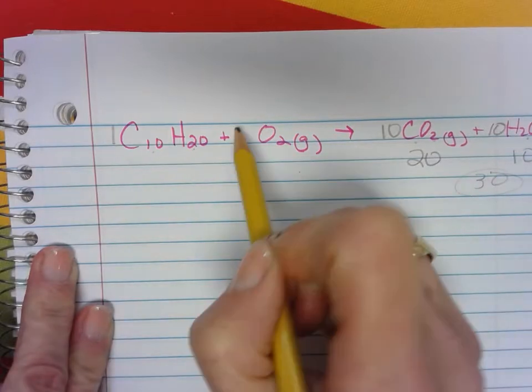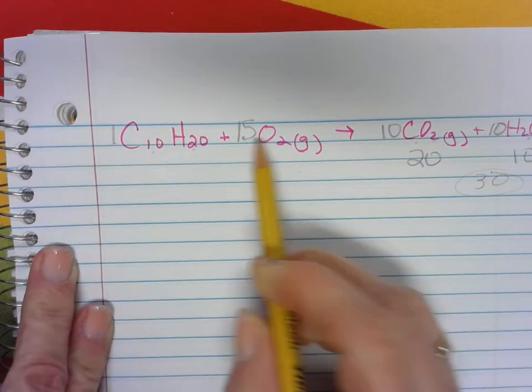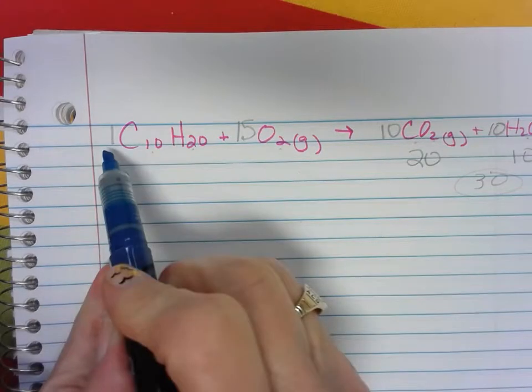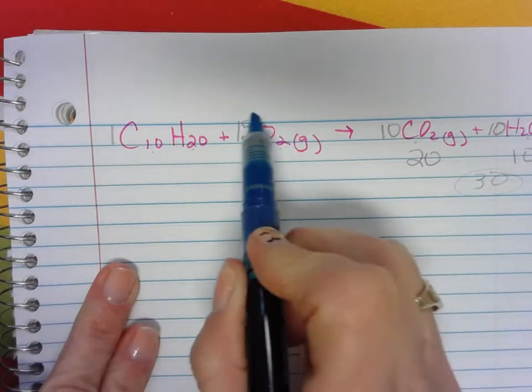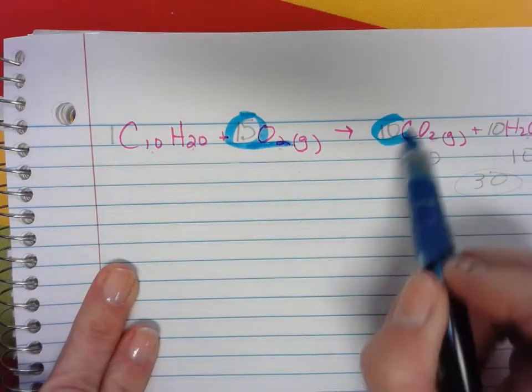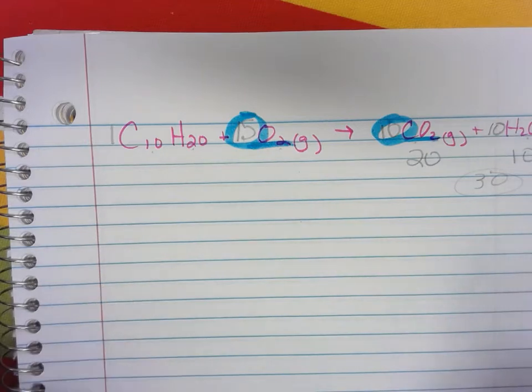I would have to put a 15 in front of that, to give me 30. So if you think of it in terms of burning something, if you were to burn 1 unit of this, you would require 15 units of oxygen out of the air and 10 units of carbon dioxide would be put into the air.